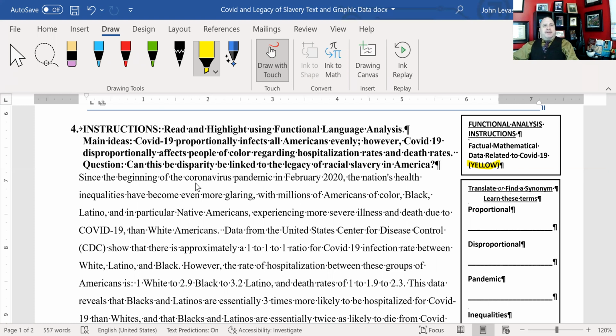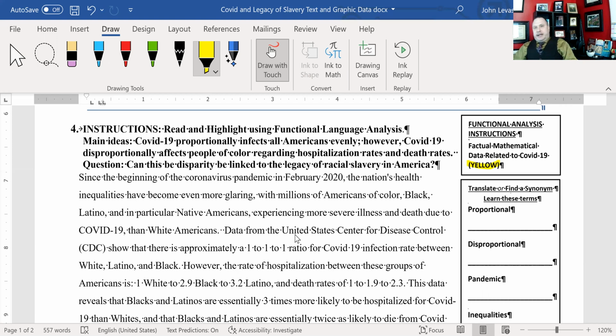Since the beginning of the coronavirus pandemic in February of 2020, the nation's health inequalities have become more glaring, with millions of Americans of color, Black, Latino, and in particular Native Americans, experiencing more severe illness and death due to COVID-19 than white Americans.